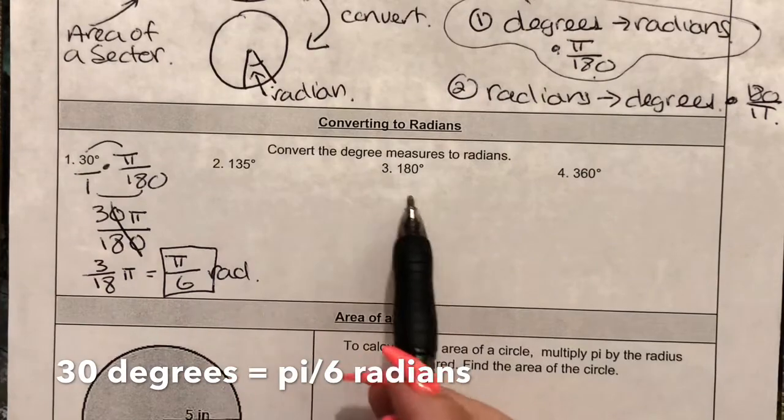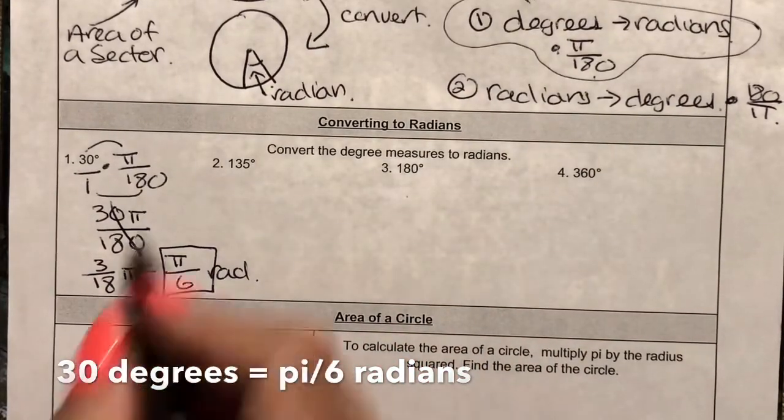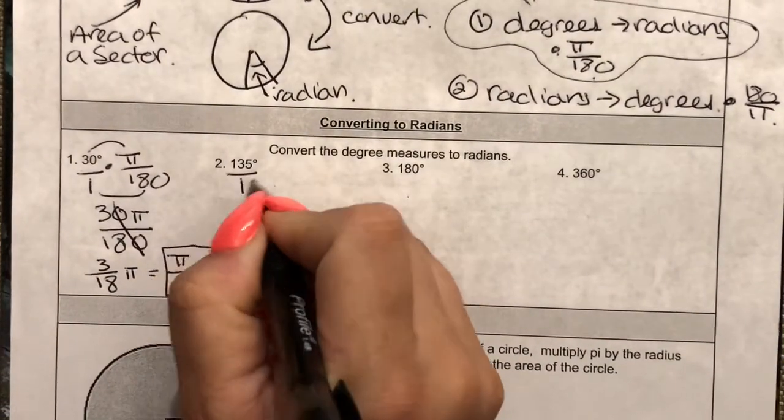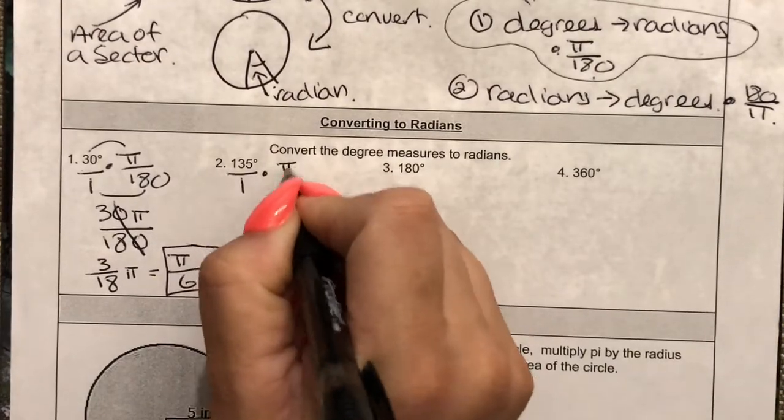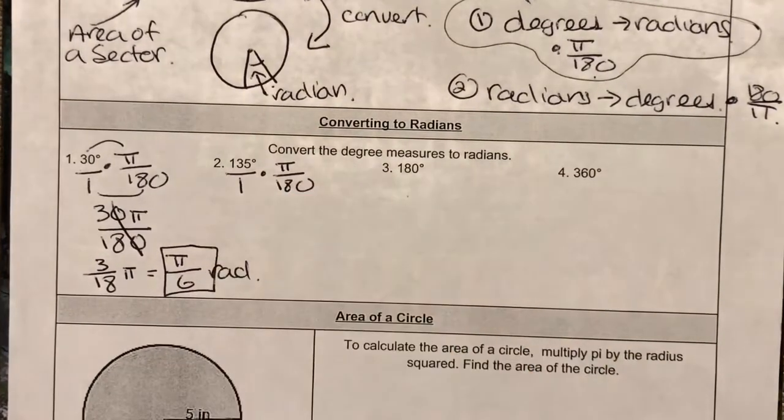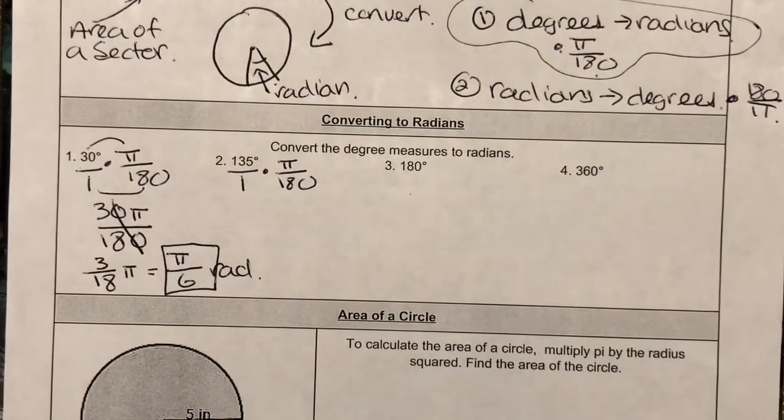I'm going to do the same thing with the following numbers. This time I'm taking 135 degrees and converting it to radians. Therefore, I'm going to multiply by pi over 180. Again, this is where you want to divide out whatever common factors you can.